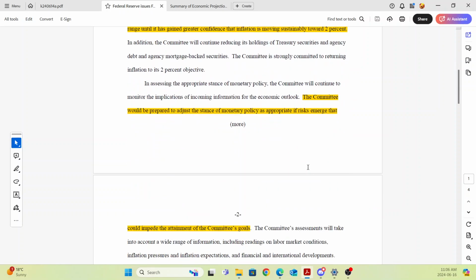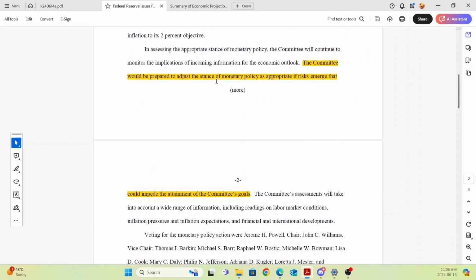And the next key note I have marked here: the committee would be prepared to adjust the stance of monetary policy as appropriate if risks emerged that could impede the attainment of the committee's goals.